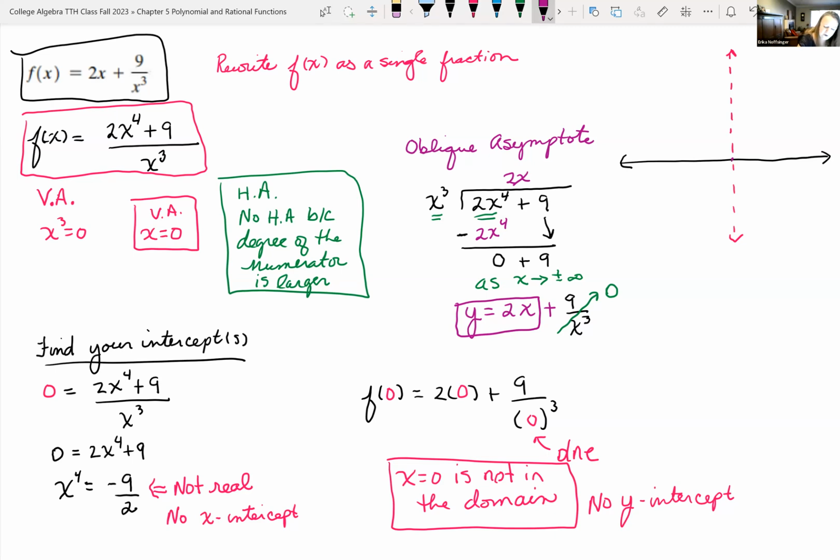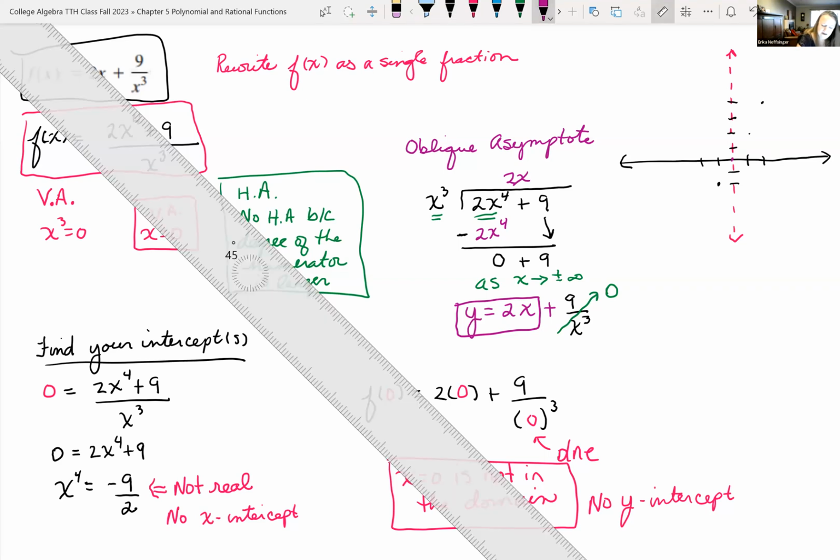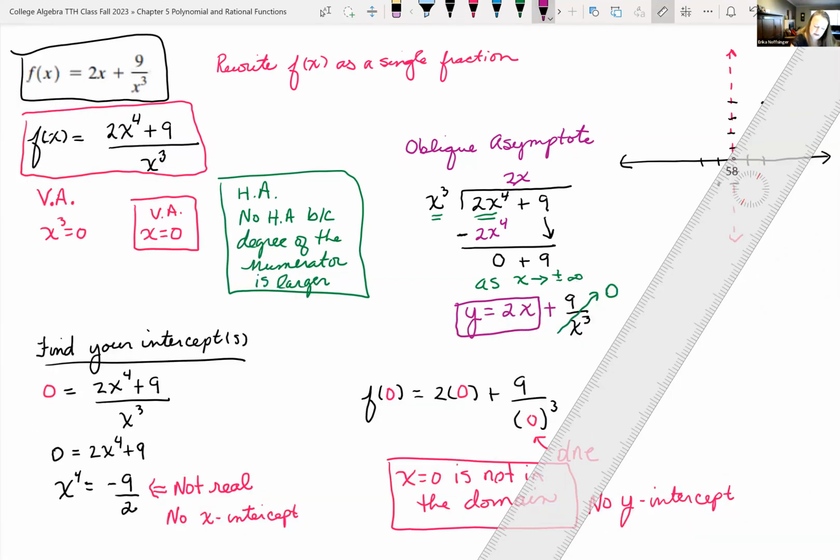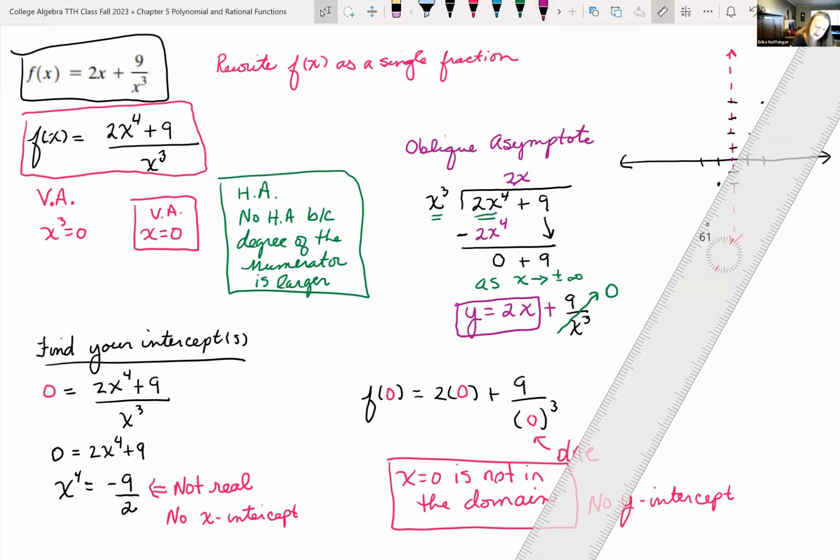My slope is 2 over 1, so I would rise 2 and go over 1, rise another 2 and go over 1, or you can plot points. I could fall 2 from my origin and go over 1. And so looking at that, I have my oblique asymptote here.